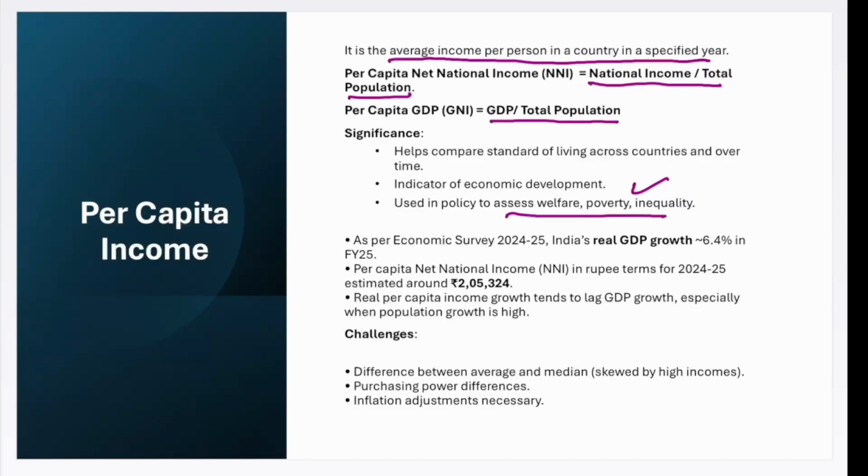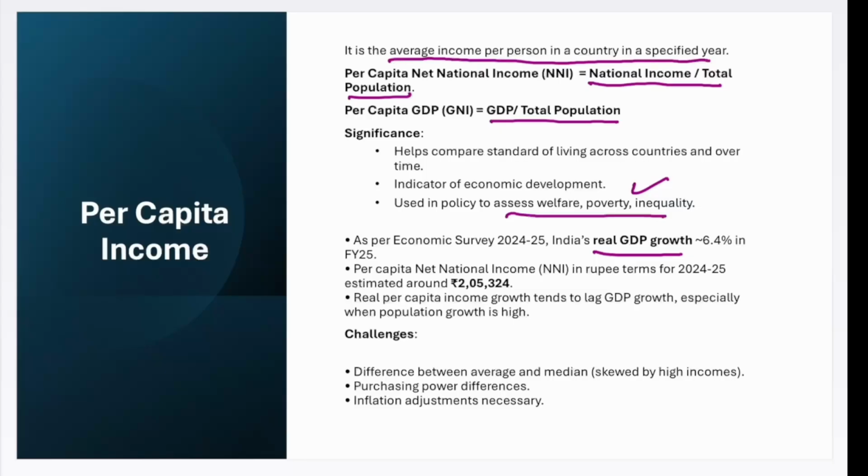And mostly we all understand, as we said, that real GDP is a very important aspect here, because nominal GDP, as we understand, has an inflationary factor to it. So it will not give you the right picture of how a country is doing. So real GDP is a more important parameter. As per the Economic Survey, real GDP growth was around 6.4%.